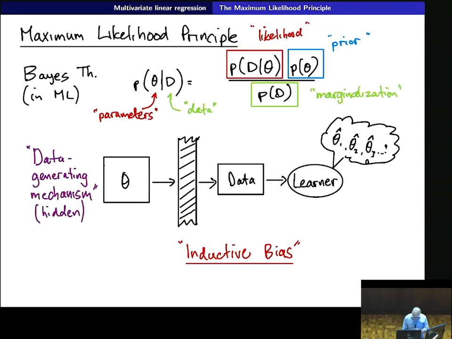So what is the numerator? It's these two things. It's the probability of the data given the parameters. If you think of theta as a set of parameters, you can think of that as a function of the data. Okay, and this thing is the prior.